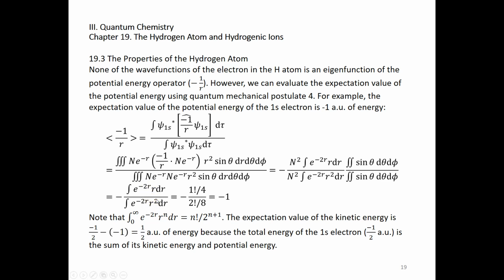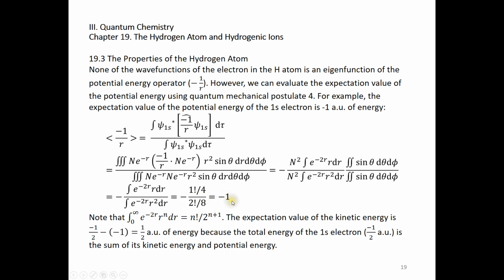Sometimes we just use Wolfram Alpha to get those values. Make sure you know r is from 0 to infinity, but we can also derive this general equation by hand, and then use this equation to get the value of the top integral, which is 1 factorial over 2 to the power 2, and the bottom integral is 2 factorial over 2 to the power 3.